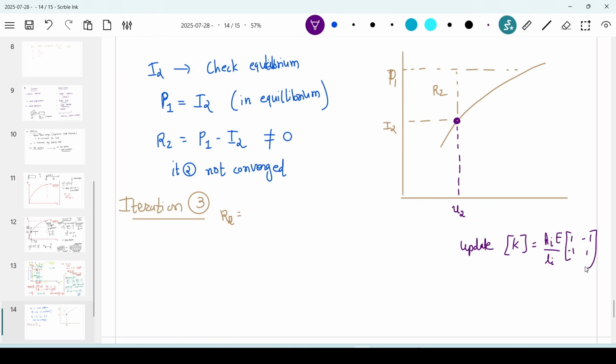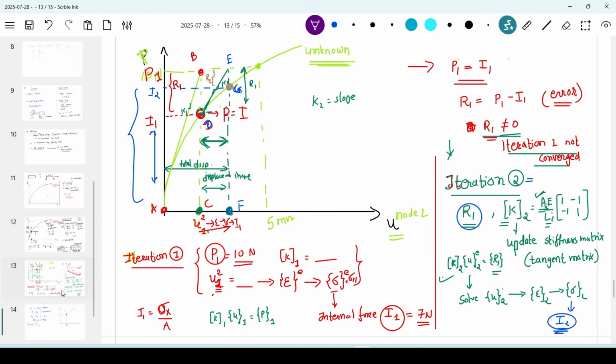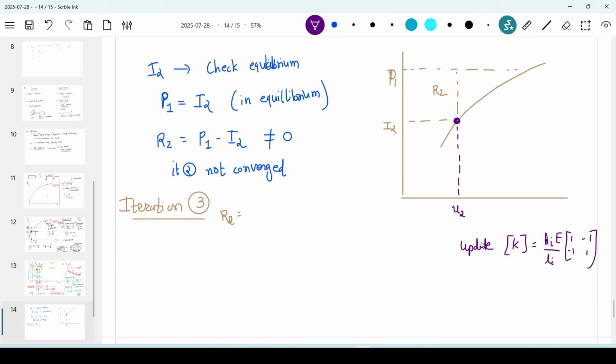Now this A_i and L_i are from this configuration. Previously it was from here. Now this is the new configuration, so the instantaneous area and length will change. So this is known now, and this is nothing but k3, k at iteration 3.